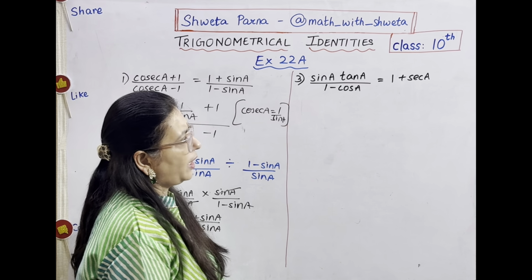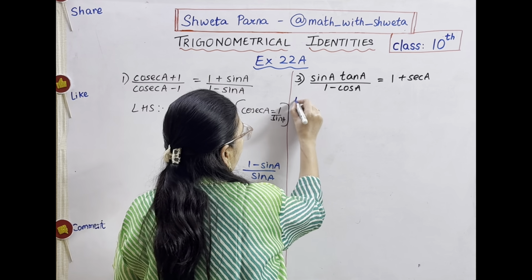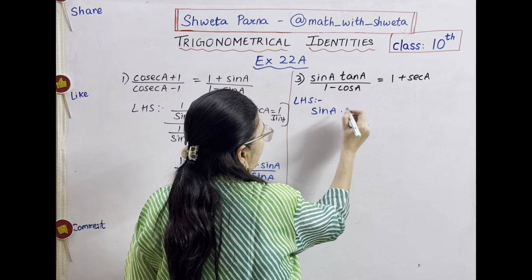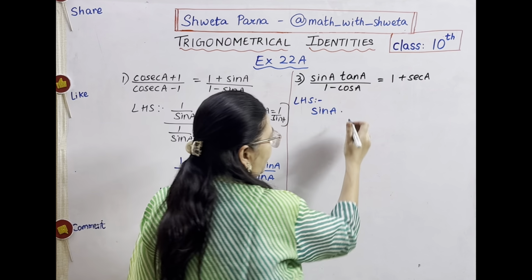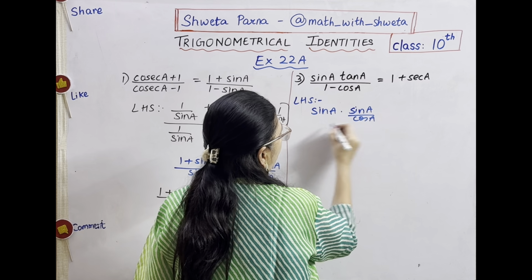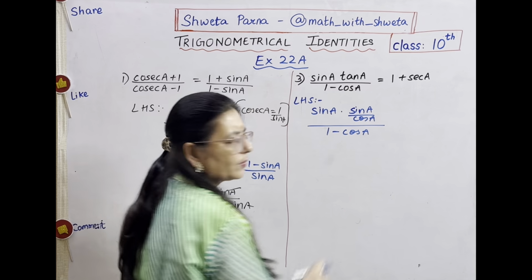Sin A into tan A upon 1 minus cos A. Let's solve that. Left hand side. So sin A into tan A is what? Sin A upon cos A, correct? The whole divided by 1 minus cos A. Clear?